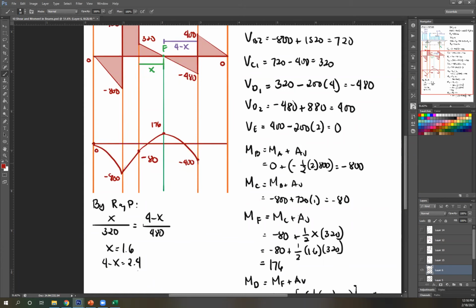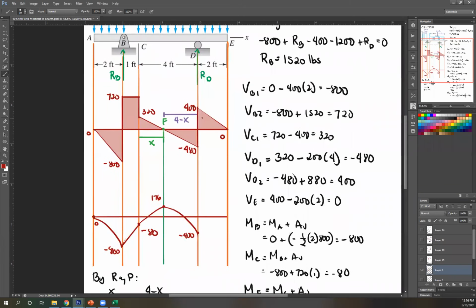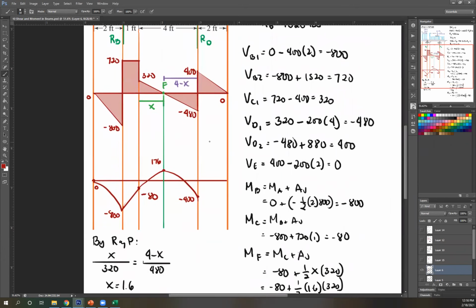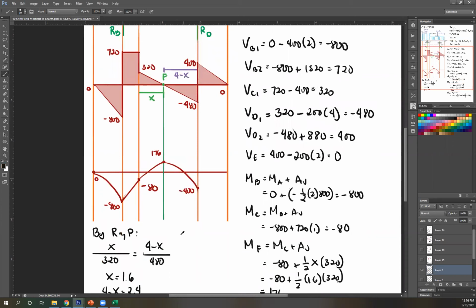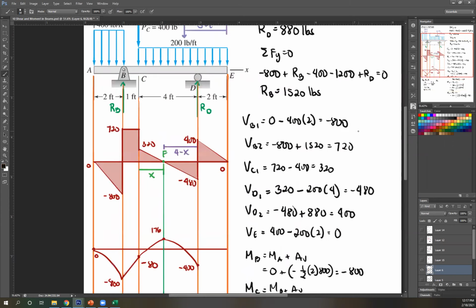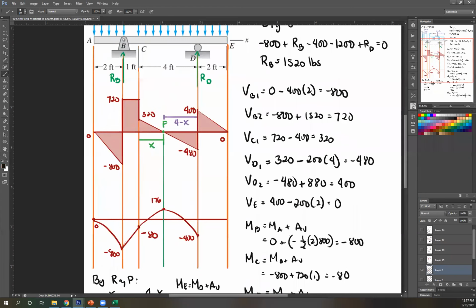Okay? Then next. Finally, from D to E, I have another positive area. So I'm going to go on an upward slope. Then let's compute ME. So ME equals the previous one, MD plus area. MD is negative 400 plus area. The area is positive since it is above the reference line.